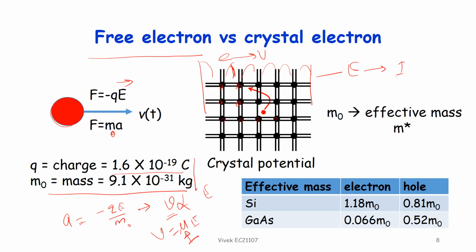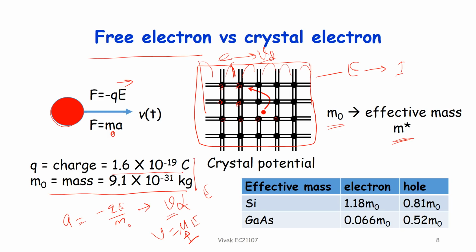What will be the velocity of this electron? So to account for this periodic potential in the crystal itself, through quantum mechanical ways that we will discuss in the next lecture, we have a concept of effective mass. So we have effective mass and we have drift velocity.